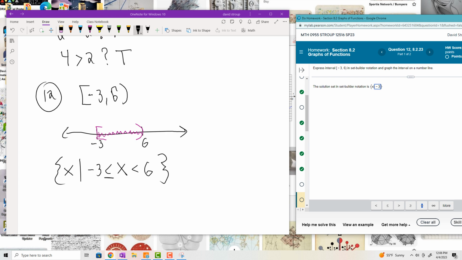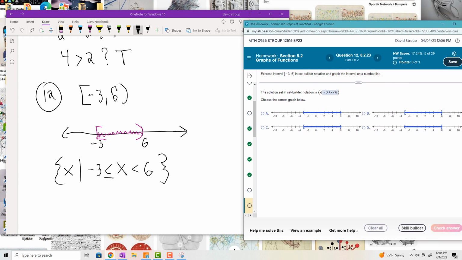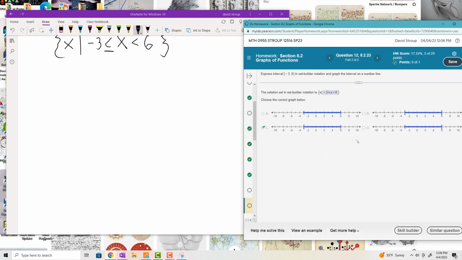You could use little buttons below for less than or equal to. The less than symbol is on the keyboard. And then push enter. And then you click on the appropriate number line. We said that was C. Check the answer, and then you should be good for the next one.